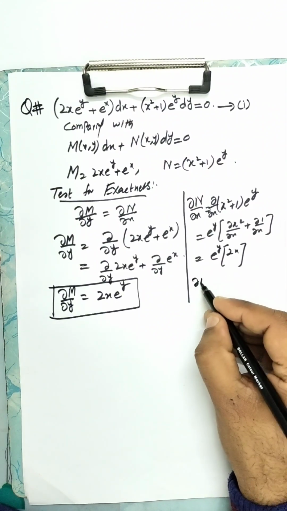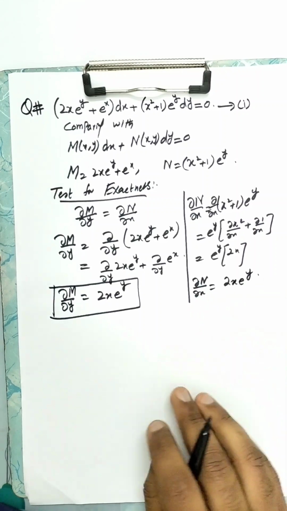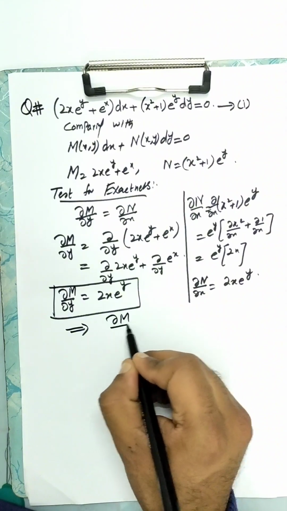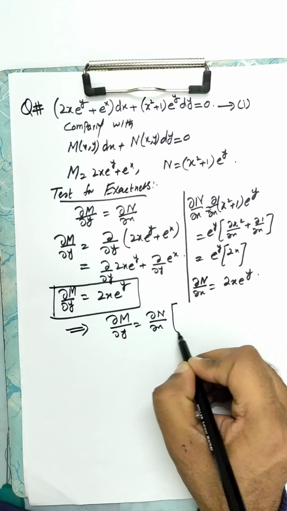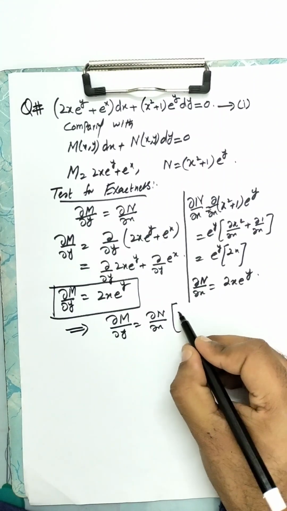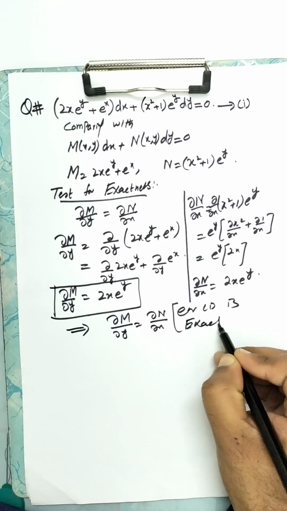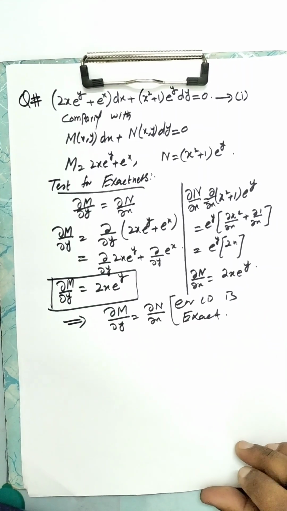So partial N over partial x is equal to 2x e raised to power y. Both are equal. So this implies partial M over partial y is equal to partial N over partial x. So this implies equation 1 is exact, or an exact differential equation.